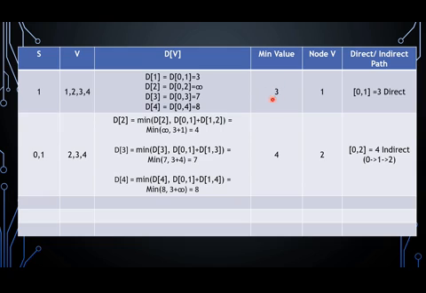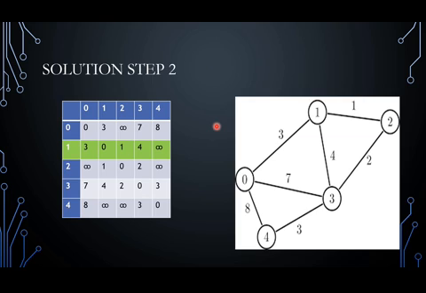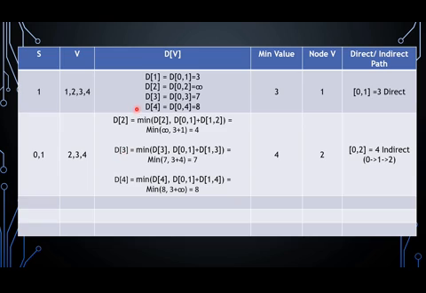Minimum value from the previous step. That is 3. Then d of 1 to 2 is 1. Right? So the value becomes minimum of infinity comma 3 plus 1. So 3 plus 1 is 4. When you compare infinity and 4, which is minimum? 4. So d of 2 is 4.